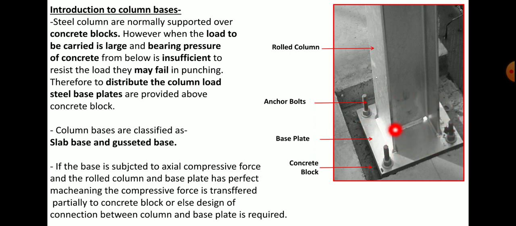In that case the compressive load from your column section will be directly transmitted to the concrete block. So in that case the connection between base plate and column section is not designed for the full load, and we are assuming that partially the load will be transferred directly, and for partial load, or 50% load only, we are going to design the connection. That particular part we are going to see in the design steps also.